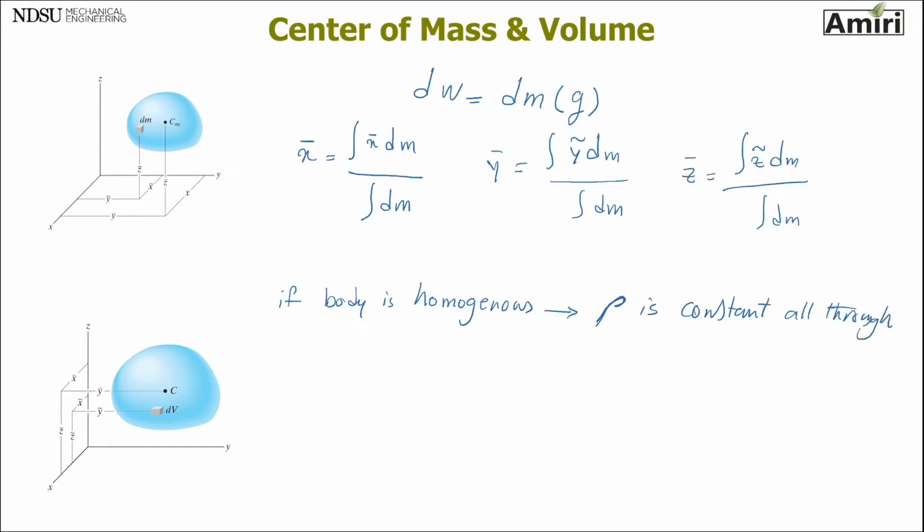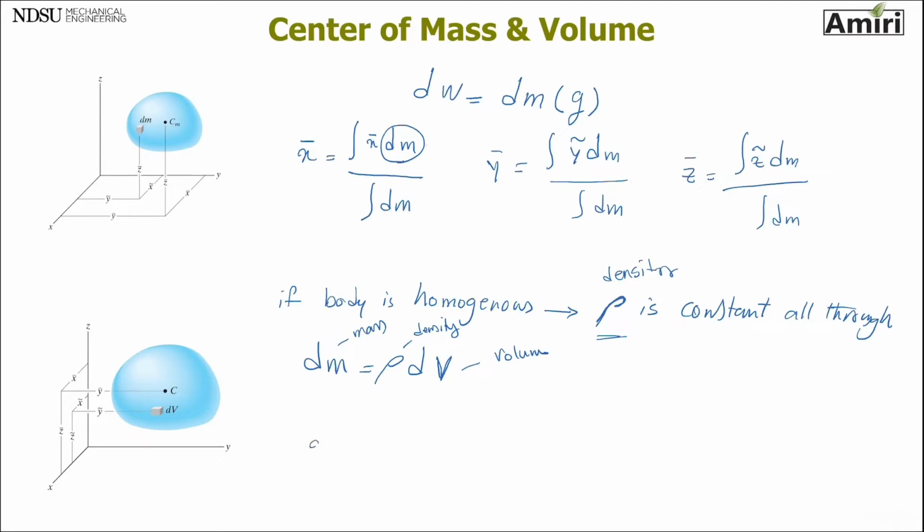So then I can write, take this dm. dm is going to be rho dv, which is d volume. So differential amount of mass, density, differential amount of volume, and replace it here.